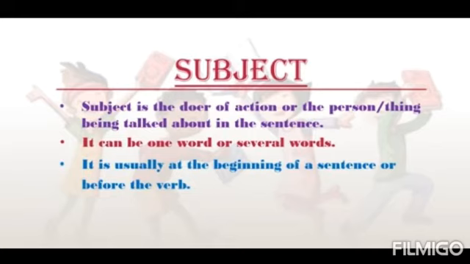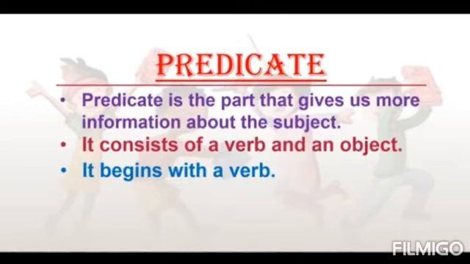It can be only one word or maybe several words. It is usually at the beginning of a sentence or before the verb. What is predicate? Predicate is the part that gives us more information about the subject. It consists of a verb and an object. It begins with the verb.